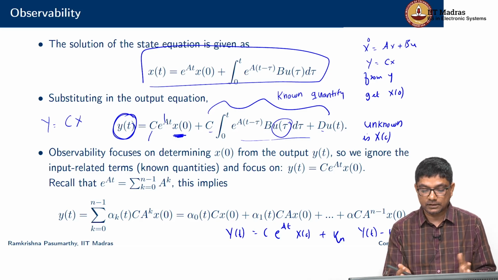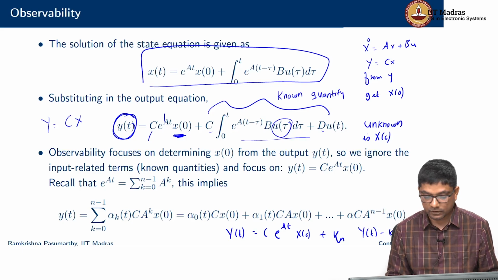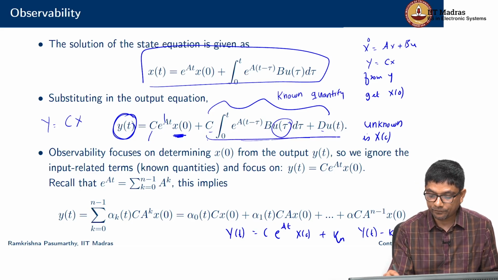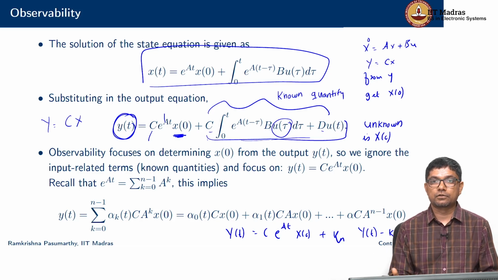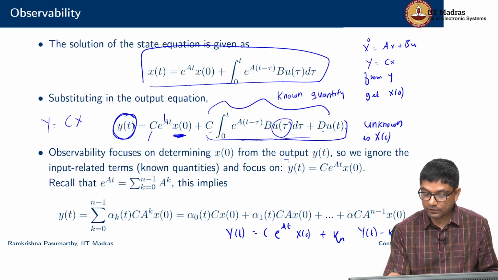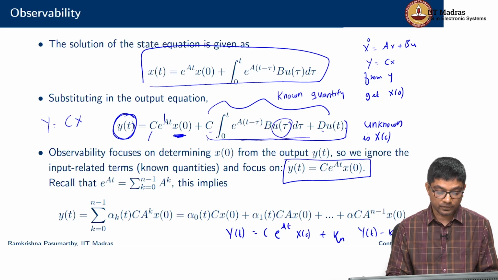I can just subtract that quantity, and add it back to get my state. So, we can safely ignore these quantities, because these are known and the effect of this is known. So, I can add or subtract based on where I am. In our analysis, we will only focus therefore on a system of this form.